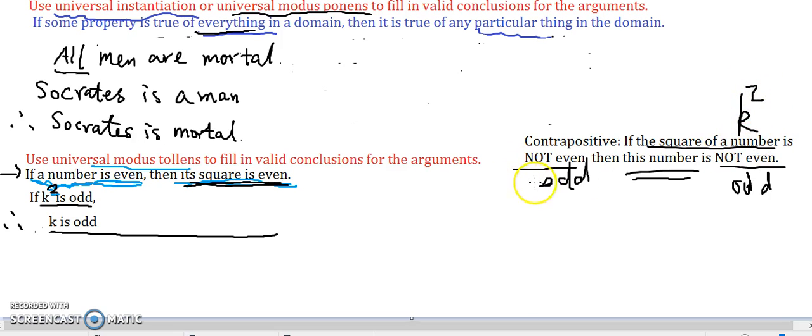So if k squared is odd, then of course we get the conclusion that this number k is going to be odd. So over here we're still using universal instantiation. Again, the rule is if it's true for any number, then it's true for a specific number k. Okay, so this argument here is called modus tollens. It's sort of like using the contrapositive.